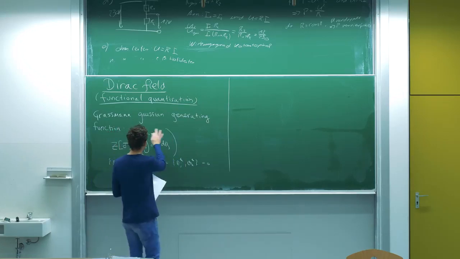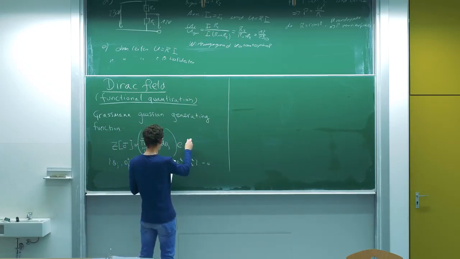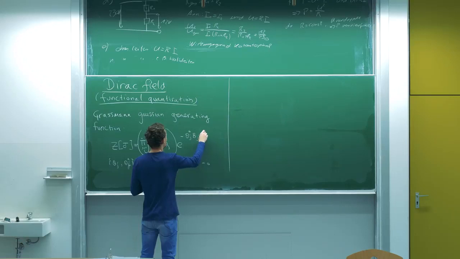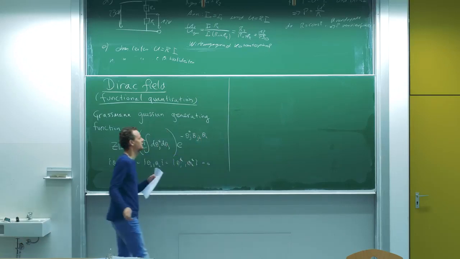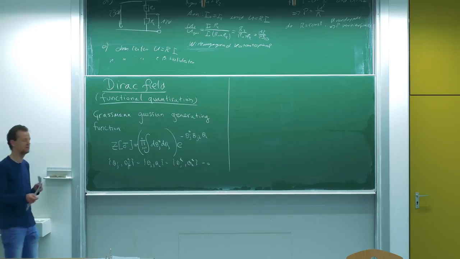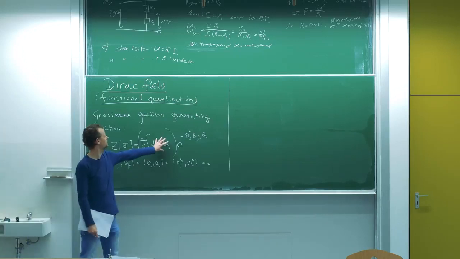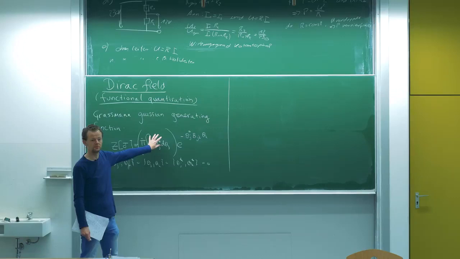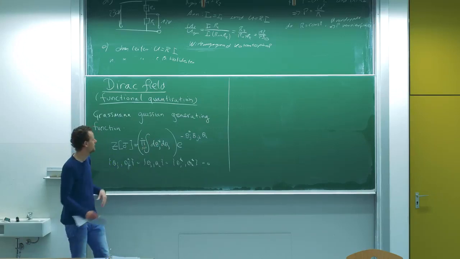Then we can define something that looks very much like a Gaussian integral. And we've learned how to evaluate this object using this definition we built for the integral over Grassmann variables.